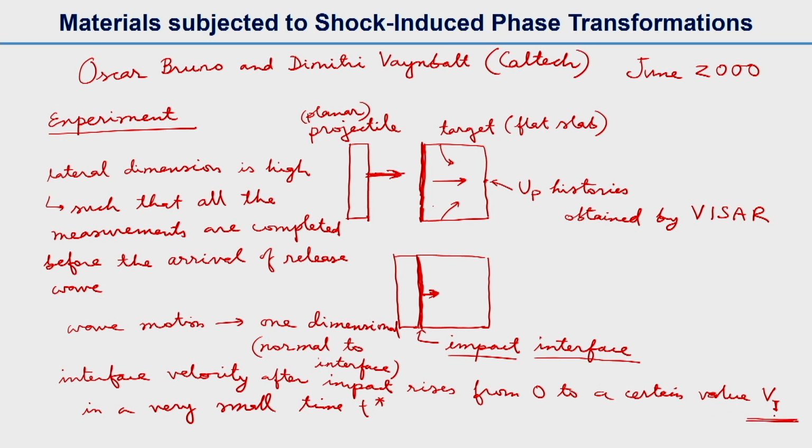This is the interface velocity. It is a very small time, but it is non-zero. That means the rise of this interface velocity is very quick, so in a very small time it rises to velocity Vi.